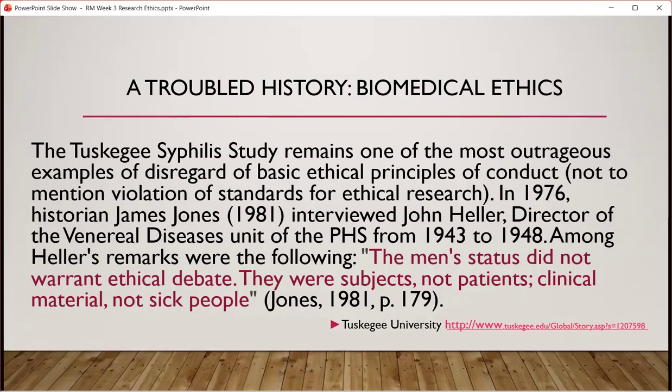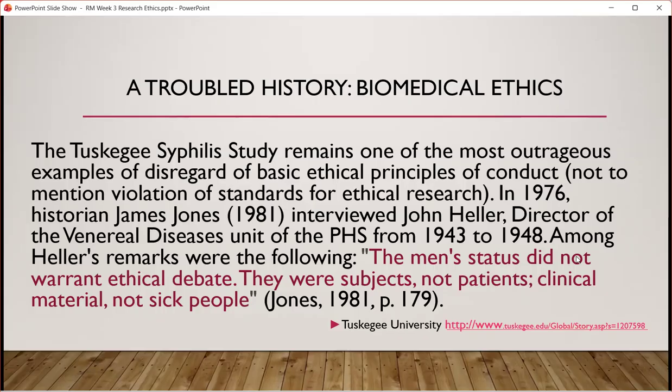And if you don't know the history, Google mindfully, but he actually never gave these men who had syphilis the cure or any penicillin. And this is what he had to say. He said the men's status did not warrant ethical debate. They were subjects, not patients, clinical material, not sick people.